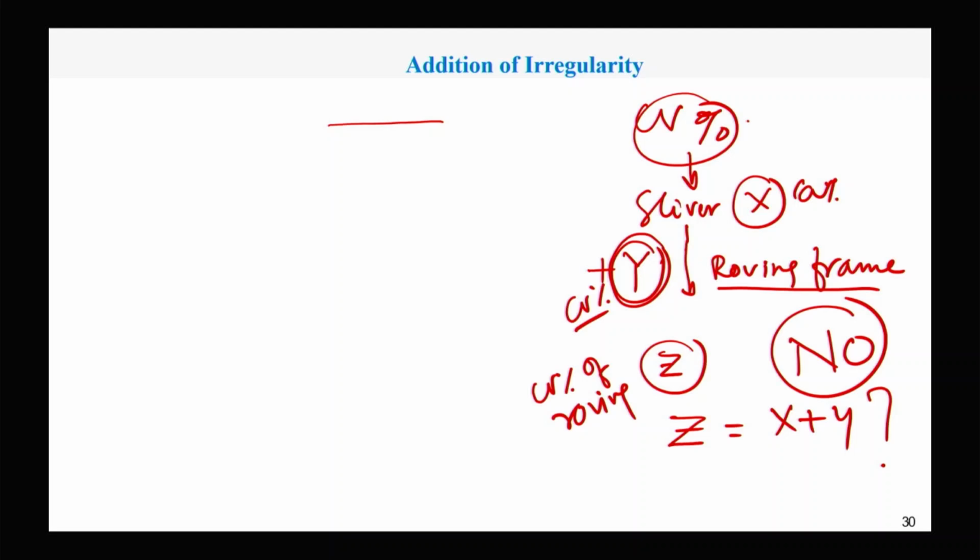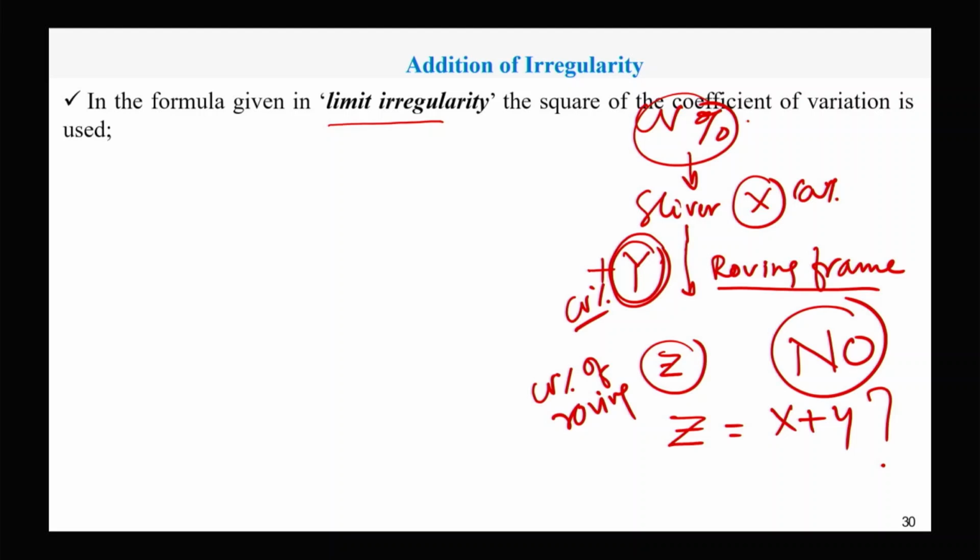From the earlier relationship of limit irregularity, we have seen that the irregularities are added in square form, the square of CV.